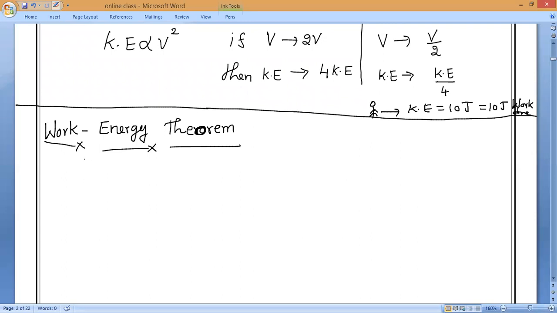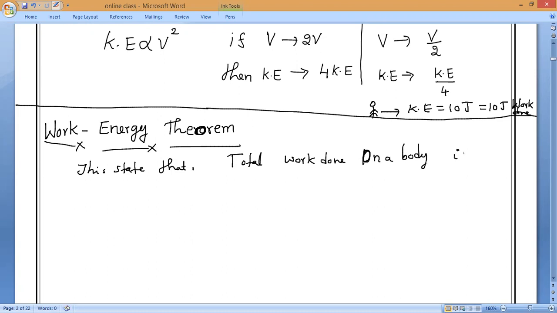What does the work energy theorem mean? This work energy theorem states that the total work done on a body is equal to the change in its kinetic energy.